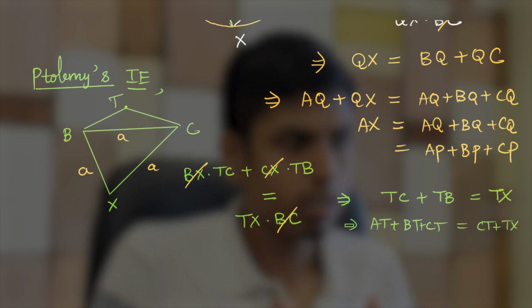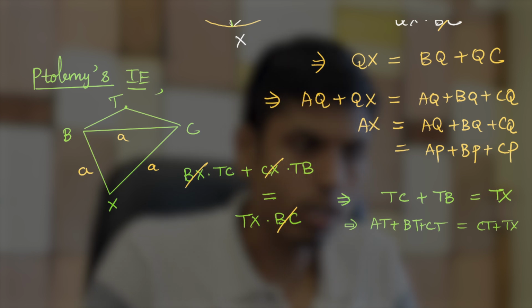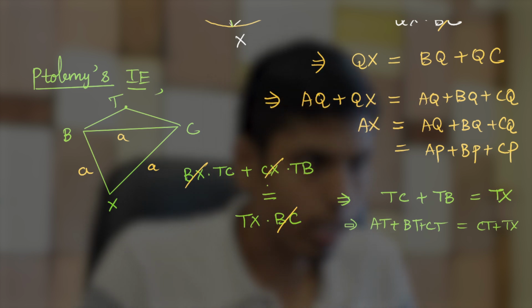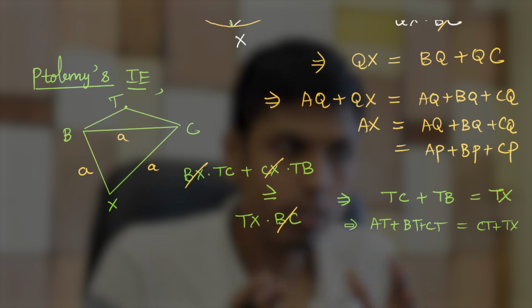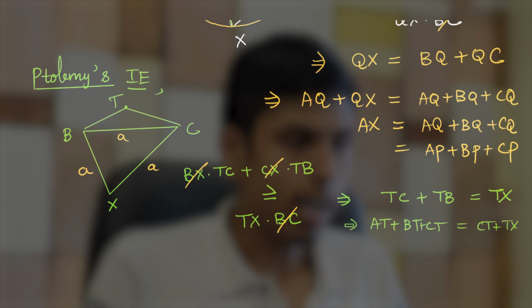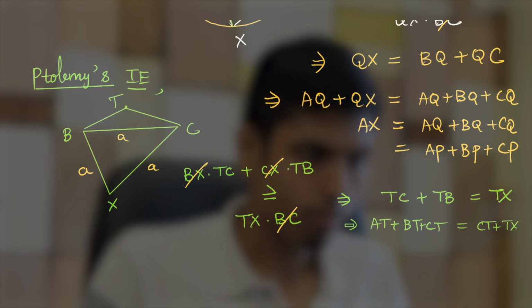And if you add AT to this, you would get AT plus BT plus CT is at least AT plus TX. But remember, now point T is a random point. So we cannot use equality, we should use inequality, that the sum of products is greater than or equal to the product of diagonals. And equality holds if point T lies on the circumcircle of BCX. Thus you would have inequalities like this.